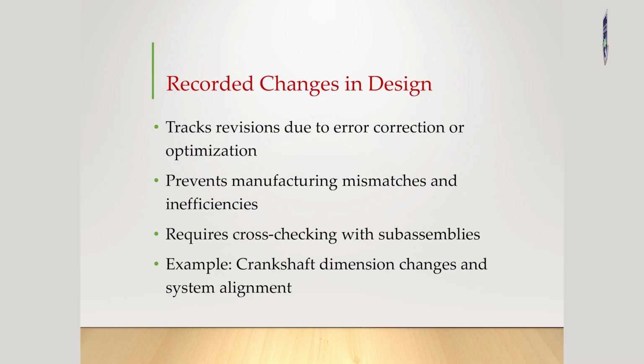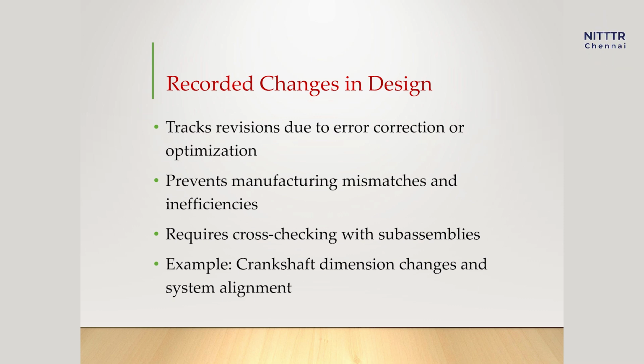Next, we will move to another important aspect of workpiece characteristics, that is, recorded changes in design. Engineering drawings often undergo revisions for multiple reasons, such as correcting errors, reducing cost, improving the manufacturing efficiency, enhancing the inspection method, or evaluating overall product quality.